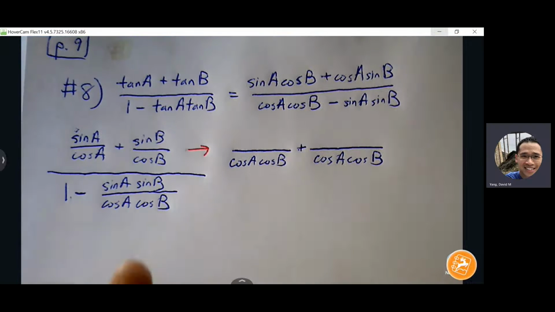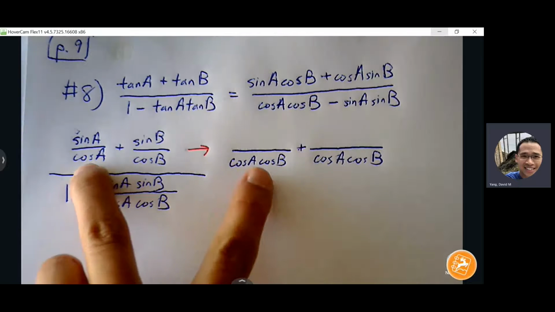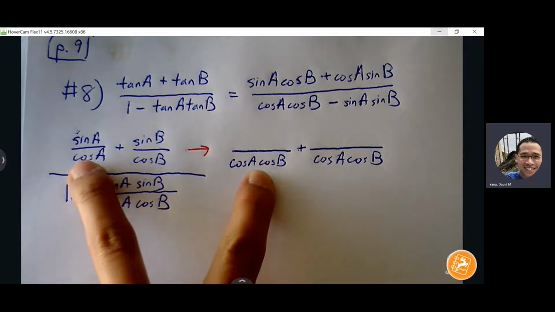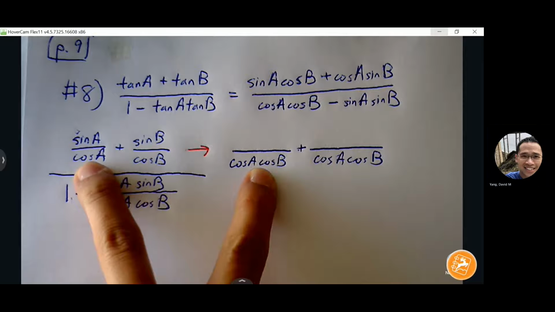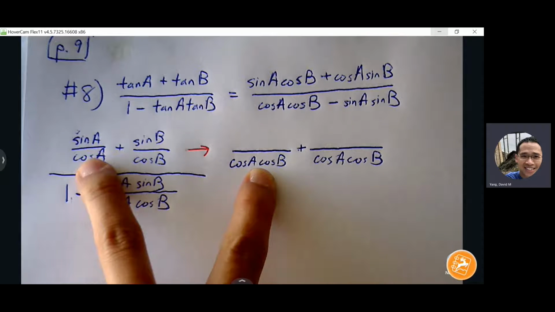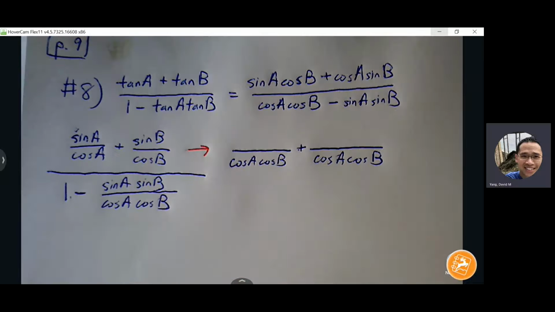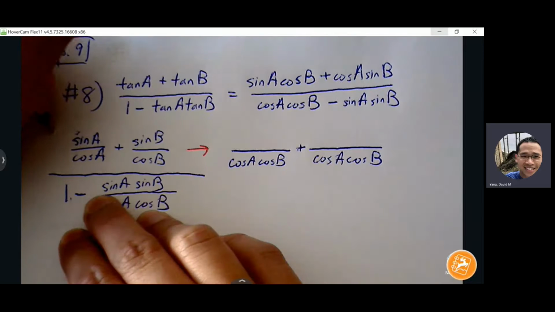Okay, so now we got to go through and balance each of the fractions here. So from old to new, we see some difference. What do we need to get from this old denominator to this new denominator? We need cosine B, right? So whatever we need, that's what we're going to do to the top.